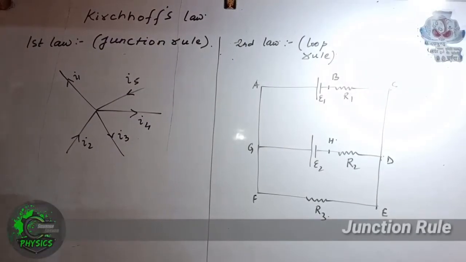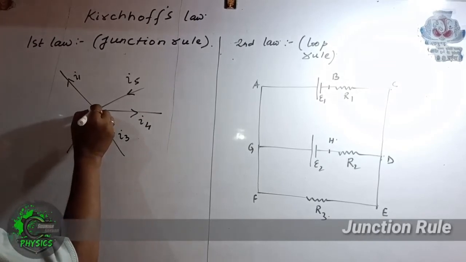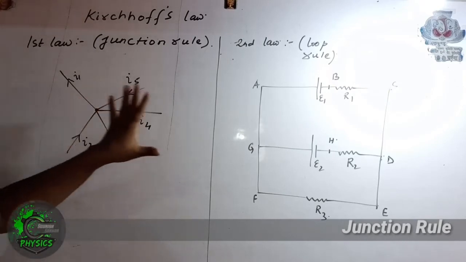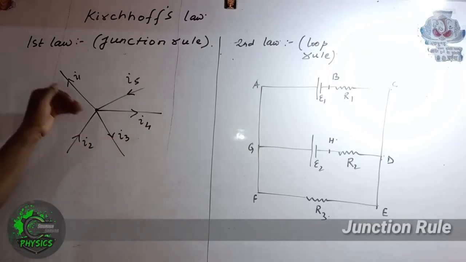What is the junction rule? Let us understand. This is a junction of a circuit, and a number of currents are either coming out of or entering the junction.